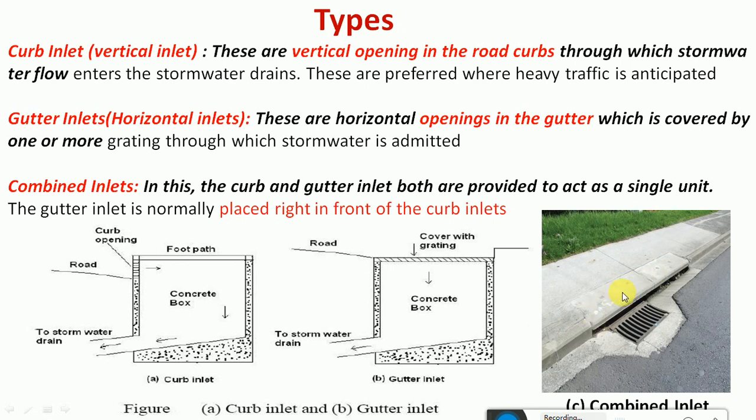This is how storm water is collected from road surfaces by providing inlets. Remember, there are two types, vertical and horizontal. The vertical inlet is also called a curb inlet, and the horizontal inlet is also called a gutter inlet. Sometimes we have both vertical and horizontal as shown in the diagram. These two are combined, and this combined inlet is used to collect the storm water.